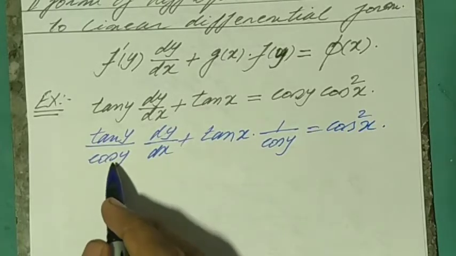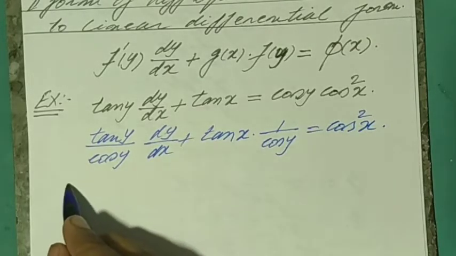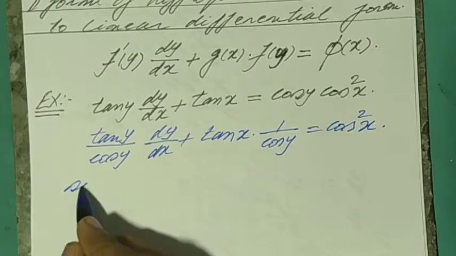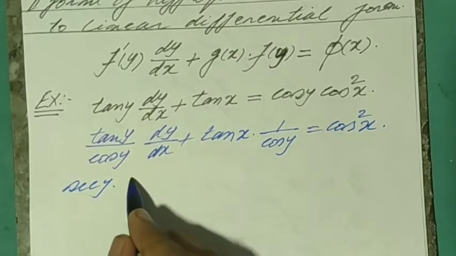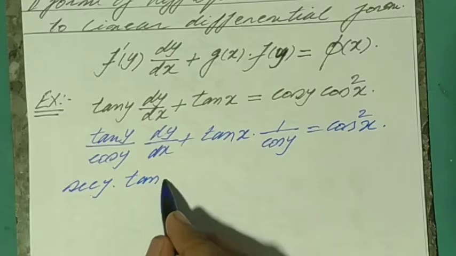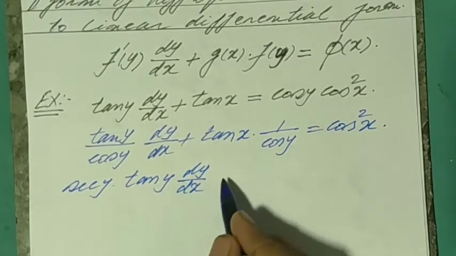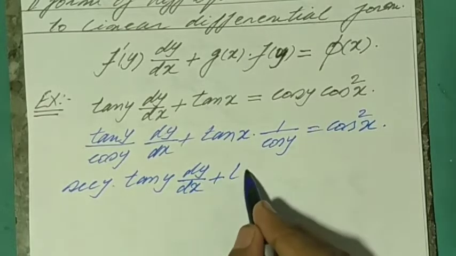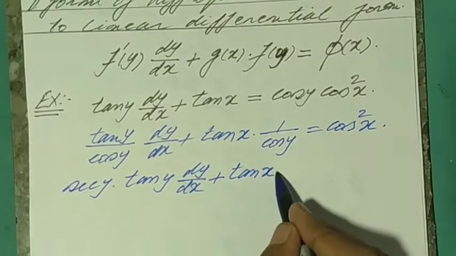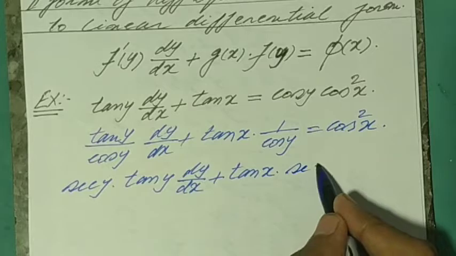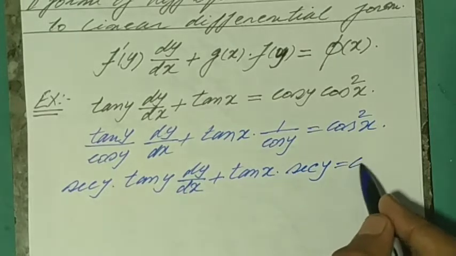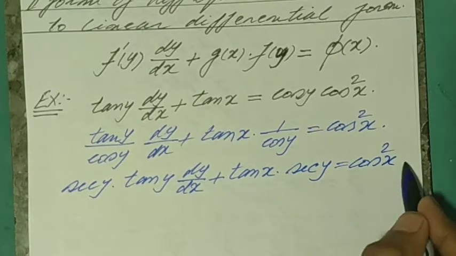As we know well, 1 upon cos y can be written as sec y, so sec y into tan y dy upon dx plus tan x into sec y is equal to cos square x.